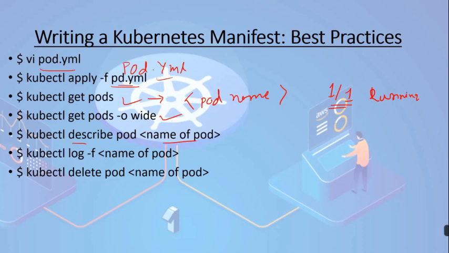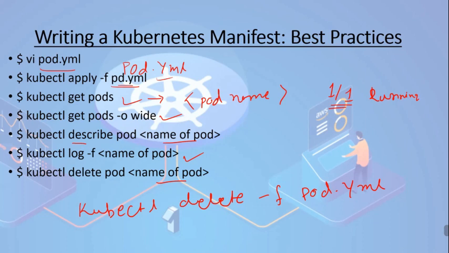If you want to check the log of the pod, you can use kubectl logs -f and the pod name. If you want to delete the pod, the command is kubectl delete pod and the pod name. Or instead of this command, we can use kubectl delete -f and the file name.